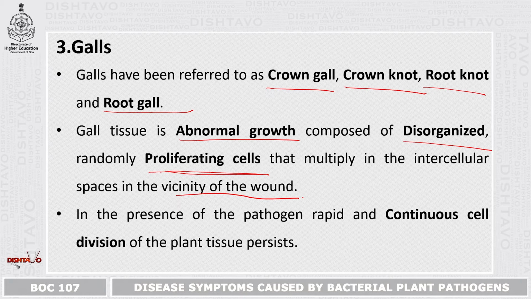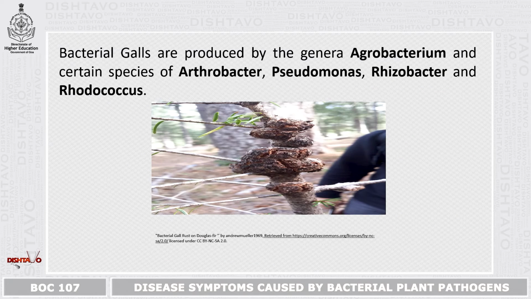In the presence of the pathogen, rapid and continuous cell division occurs in the plant tissue and leads to the formation of galls. Here we have bacterial galls which are produced by the genus Agrobacterium and certain species of Arthrobacter, Pseudomonas, Rhizobacter and Rhodococcus. This picture is of bacterial gall rust on the Douglas fir plant.